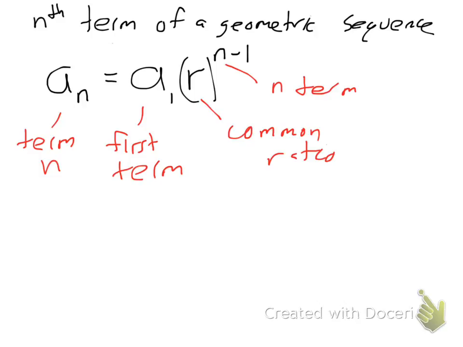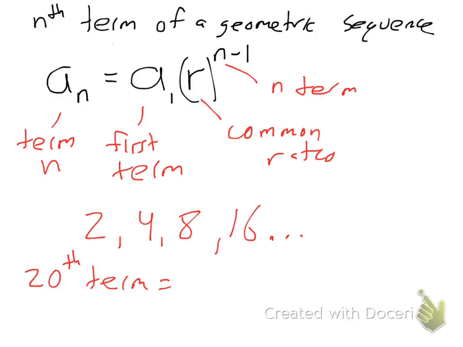So let's go back to the sequence of 2, 4, 8, 16, ... I want to know what's the 20th term, which would be a sub 20. That's what I'm looking for. Now, the first term, a sub 1, is here.